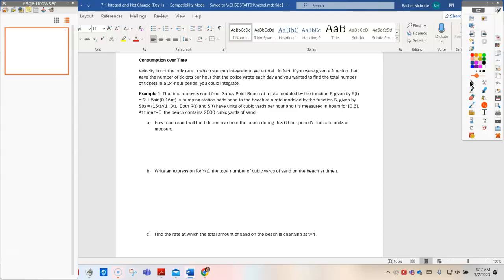Velocity is not only a rate; you can integrate it to get your total. In fact, if you were given a function that gave the total number of tickets per hour that police officers wrote each day, you'd be able to find the total number of tickets in a 24-hour period.